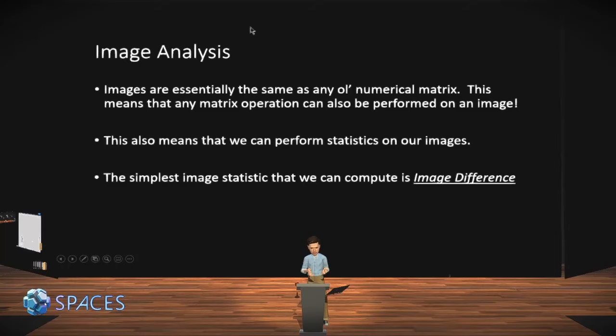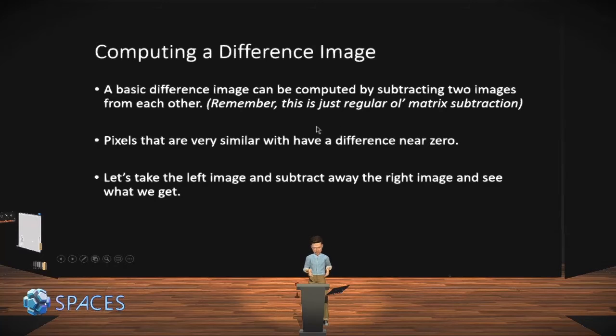So that means we can do nifty things like applying statistics to our image. One of the simplest statistics that you can do to an image is just calculate what's called a difference image. Now, a difference image is effectively taking one image and subtracting another image from it, and then looking at the areas where those two images differed.